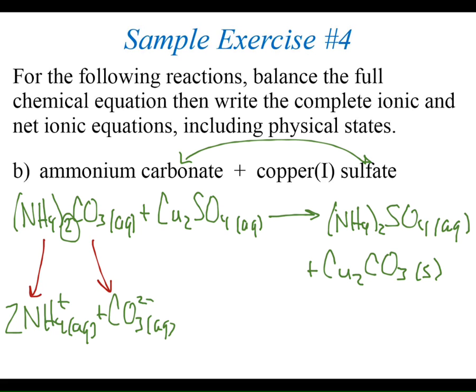What will the copper 1 sulfate make? 2 Cu. What's the charge? It's an ion, it's got to have a charge. Plus 1, it's copper 1, so 1 plus. And then SO4, sulfate. And what's the charge? 2 negative. Good.